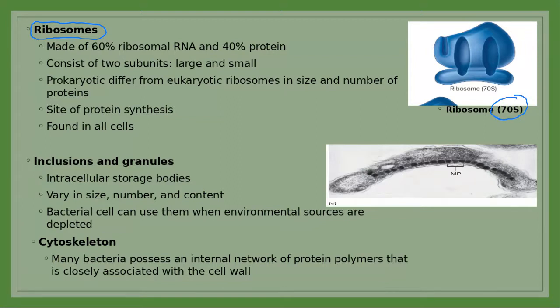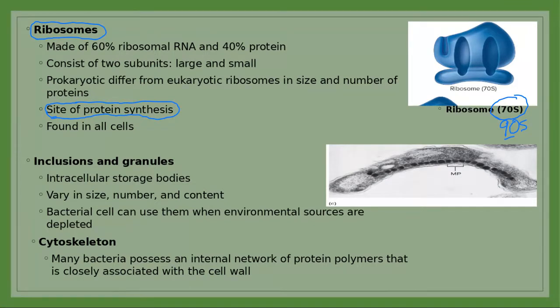While for the eukaryotic cell, it has 90S. So eukaryotic cells have bigger ribosomes. The main function of ribosome is making protein. So this is the site for protein synthesis.